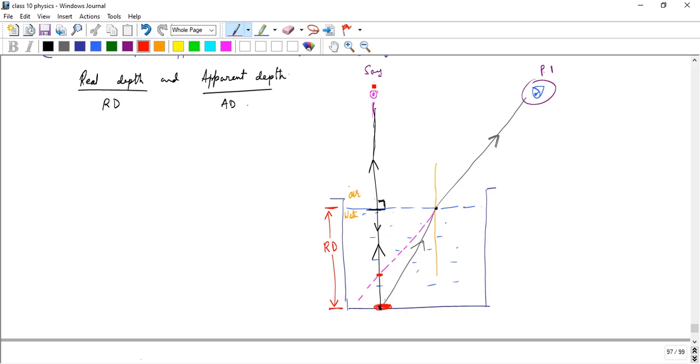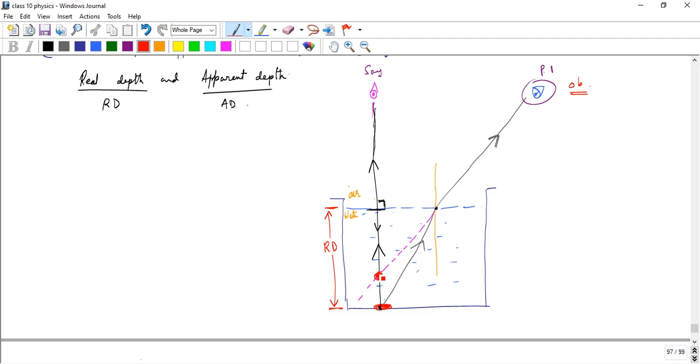If someone views vertically at the top of the object and another views at a slant, both rays meet at that point. The main observer or viewer sees the object not placed here but actually at this point.